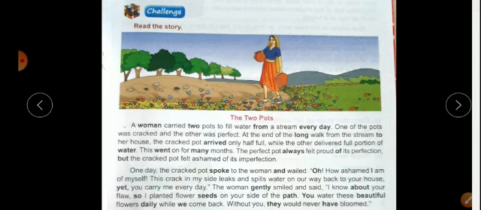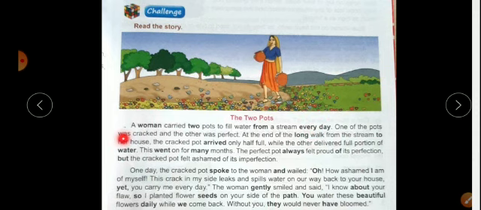Next, challenge question. Here they told us to read the story they have given. Once we will read this story. The two pots. The woman carried two pots to fill water from a stream every day.